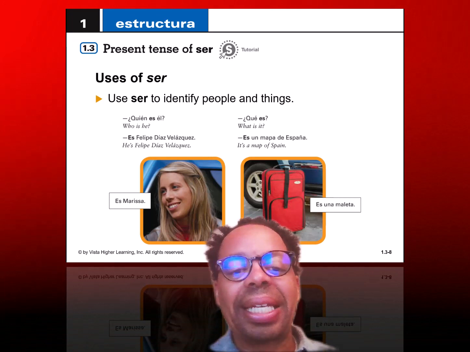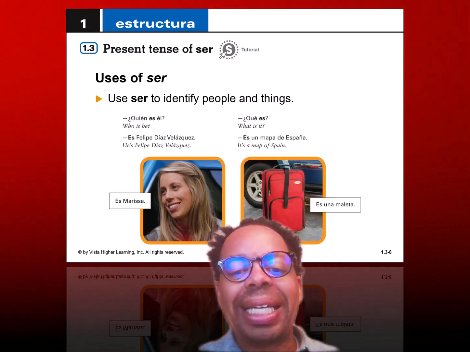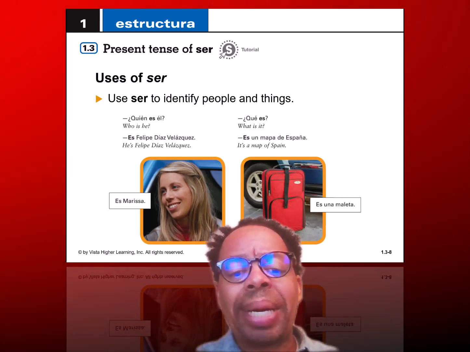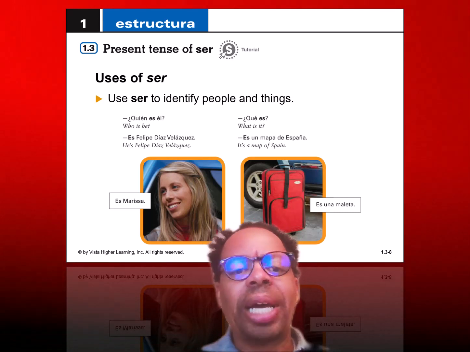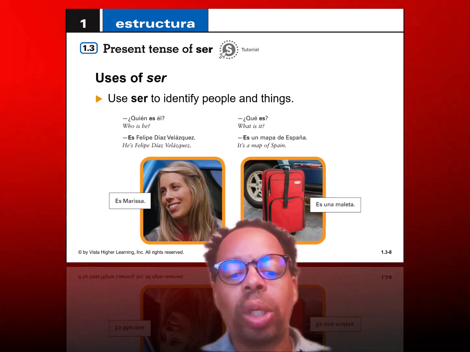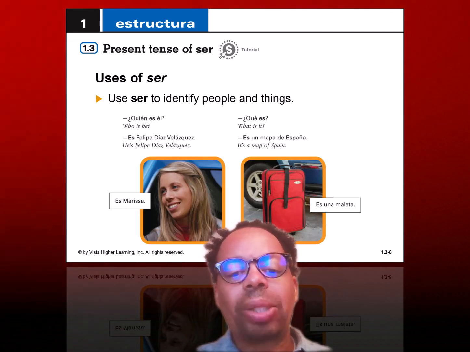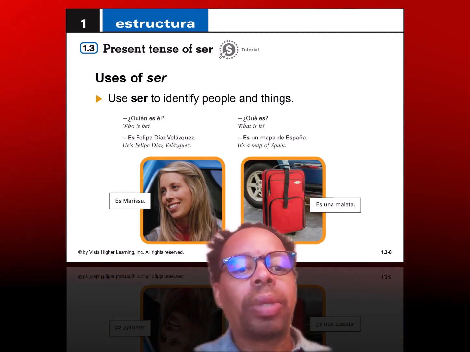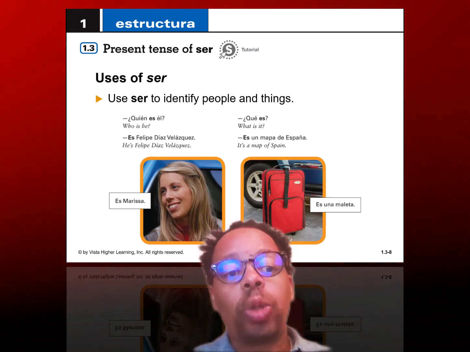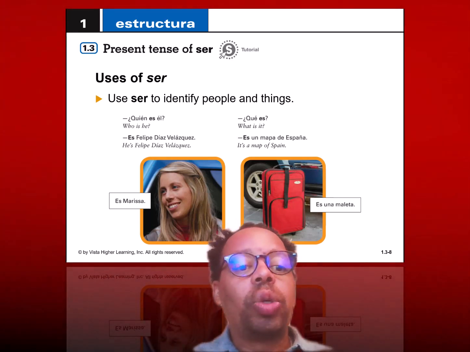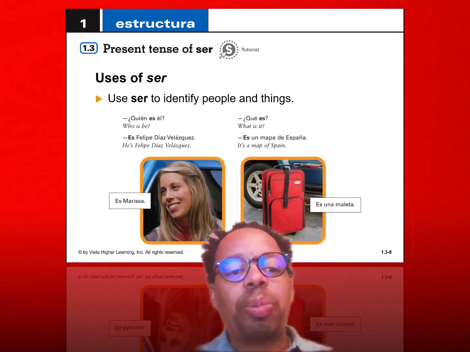Es un mapa de España, ¿no? Es una maleta. It is a suitcase. Again, they're omitting the subject pronoun, and there is no it in Español, so we're just going to use es una maleta. So this is the first use of this verb ser, using it to identify people and things.